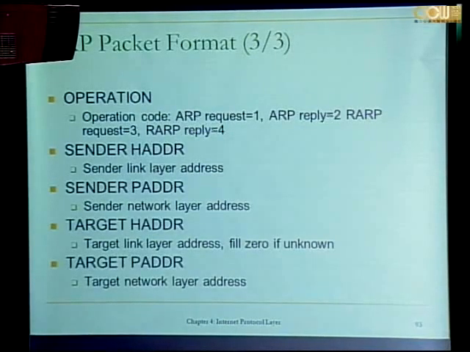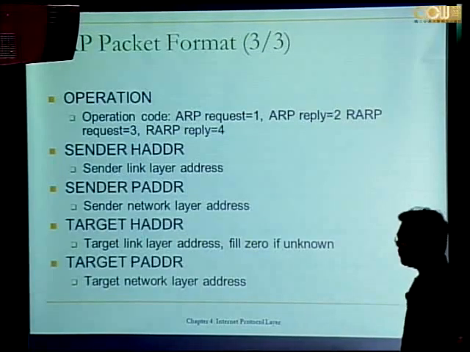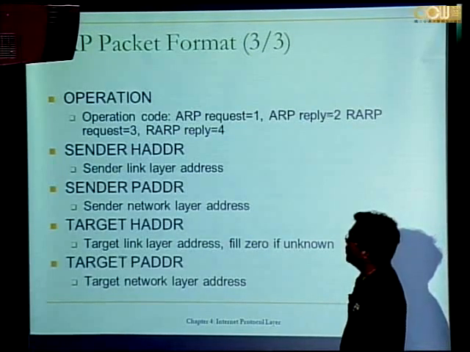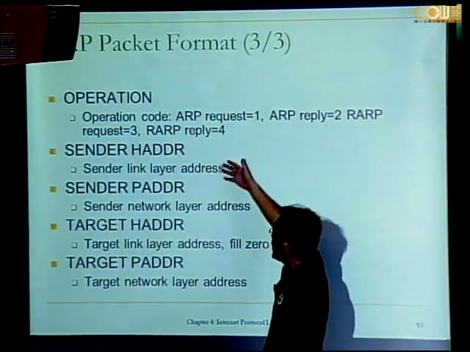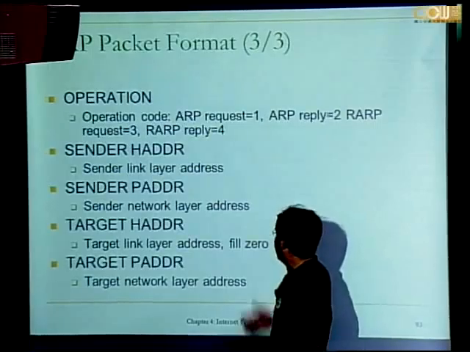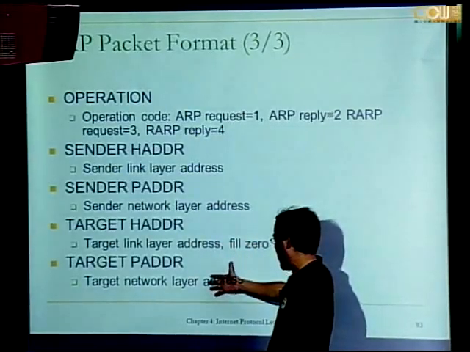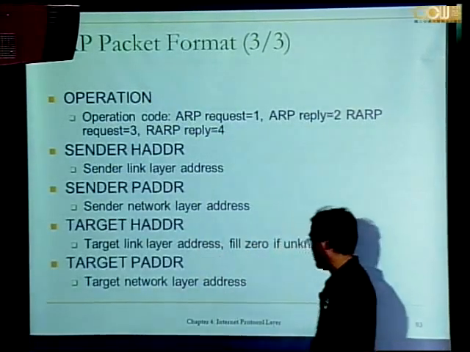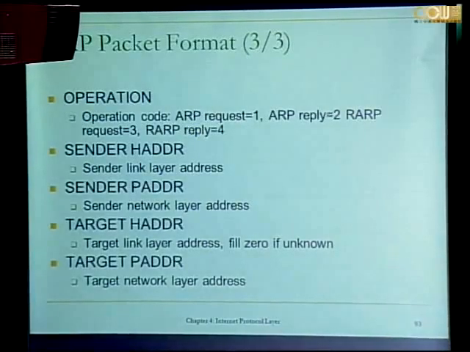But if it's forward ARP, you know the IP address, but you need to know the MAC address of the target. So if I'm sending an ARP request, I know this is mine, and this is the target, but I only know the IP address, and I need to know the MAC address. So I would fill it up in this way.